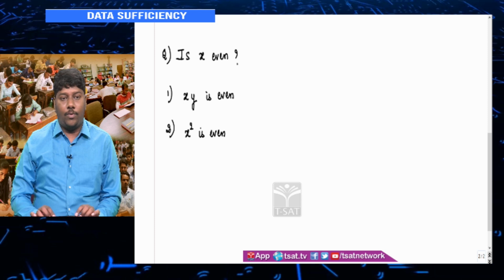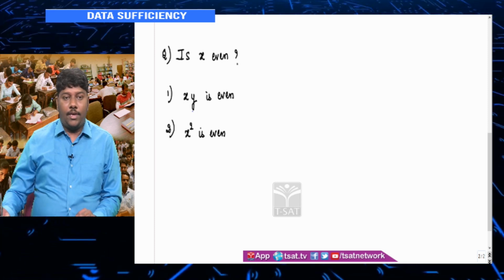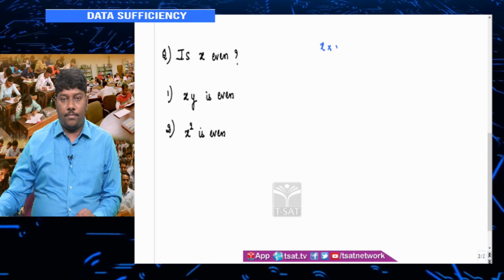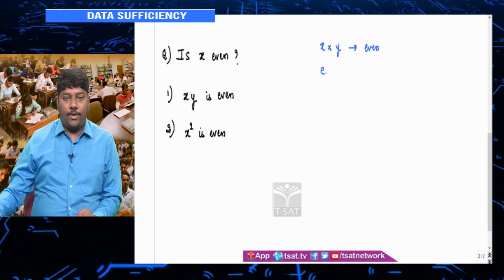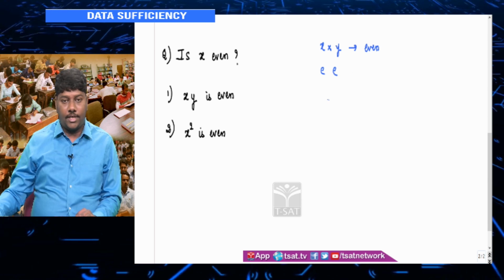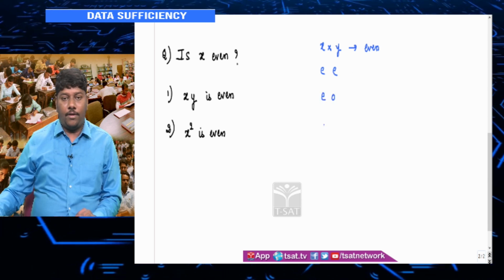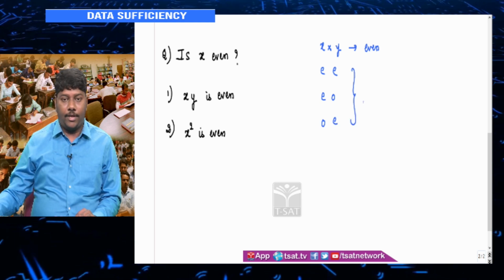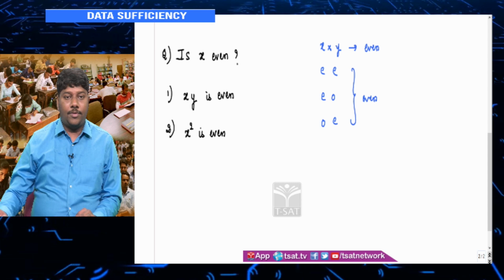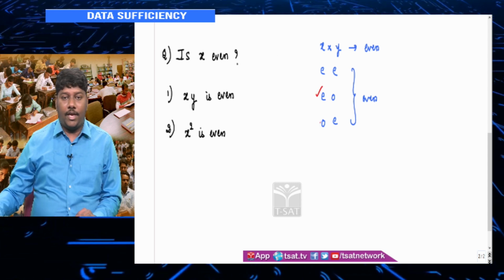If you look at statement 1, X into Y is even. How many possible cases are there for this? X even, Y even, then also the product is even. X even, Y odd. X odd, Y even. Then also the product is even only. So here X can be even, X can be odd.